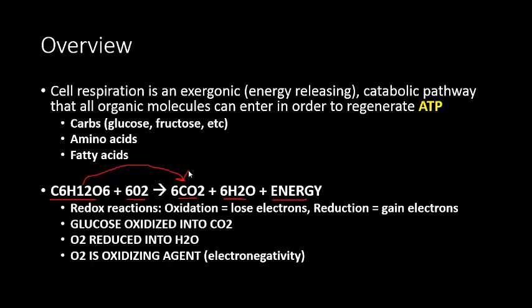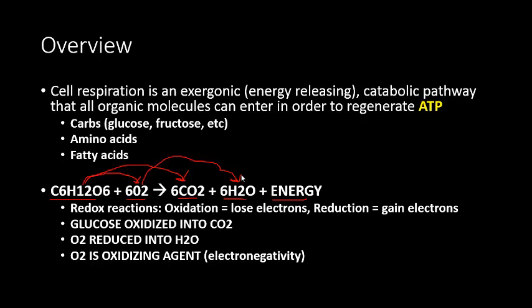When glucose gets oxidized, its electrons are going to be transferred over to oxygen. Oxygen gets reduced and it forms water. Remember that whenever a molecule gains electrons, it's also going to gain protons with it, or it's going to gain hydrogen ions. So when oxygen gets reduced, oxygen is going to turn into H2O, water.